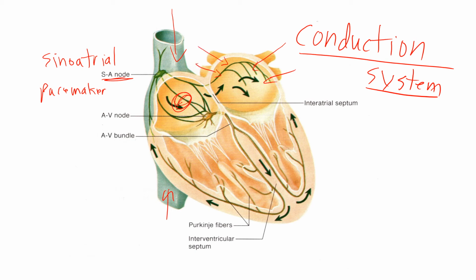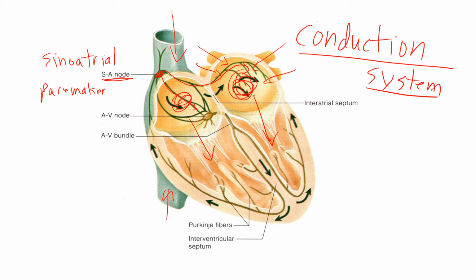So again, two openings, the blood collects in here. So as the SA node gives off an impulse, it goes to these fibers on the right atrium and over to these fibers on the left atrium, and both the atria contract at pretty much the same time and push blood down into the ventricles at the same time.